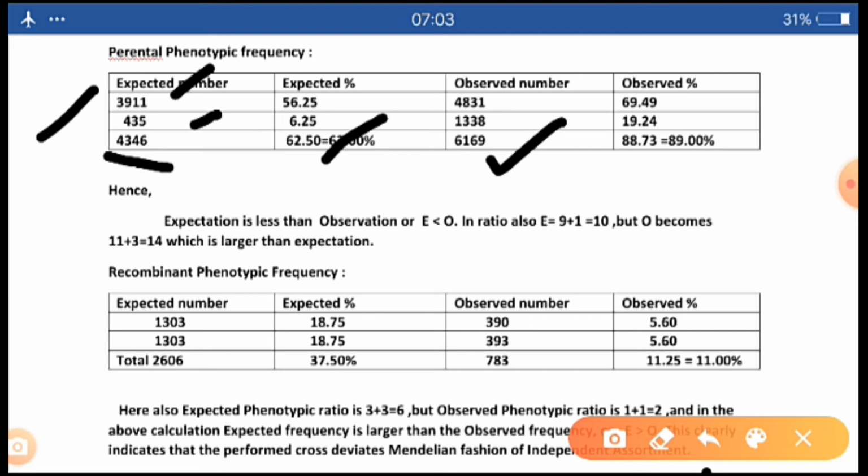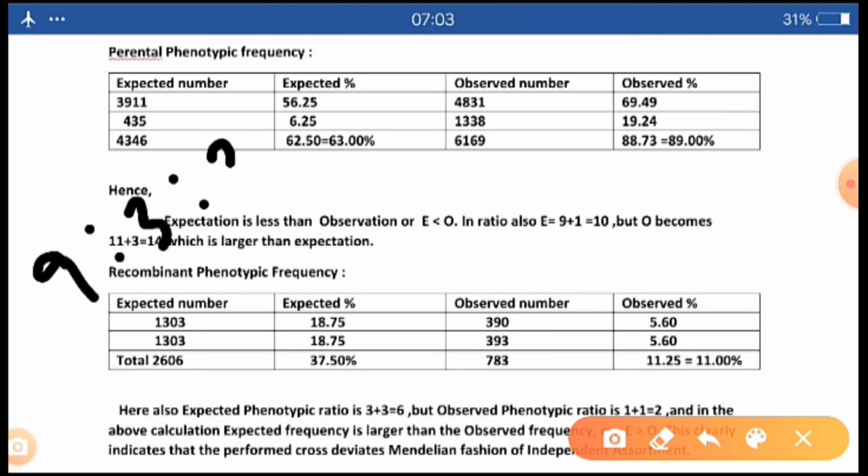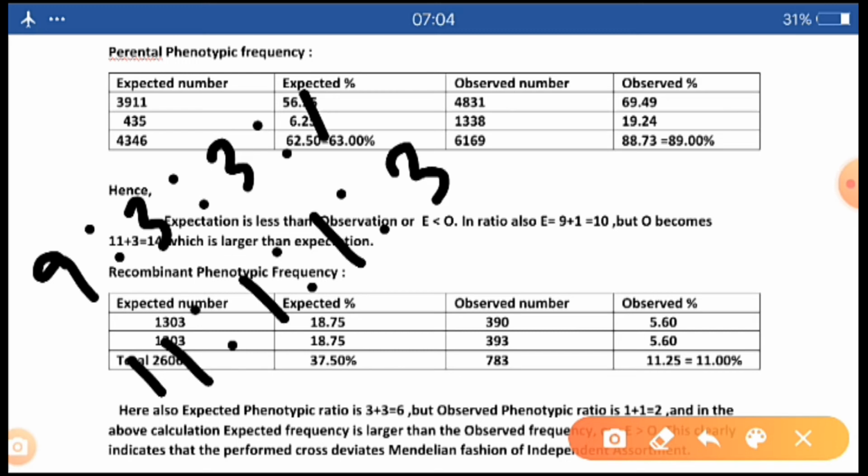That is, E is smaller than O. And if we look at the phenotypic ratio, the expected ratio is 9:3:3:1, but it appeared as 11:1:1:3.